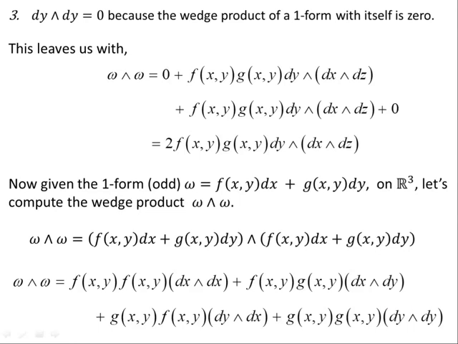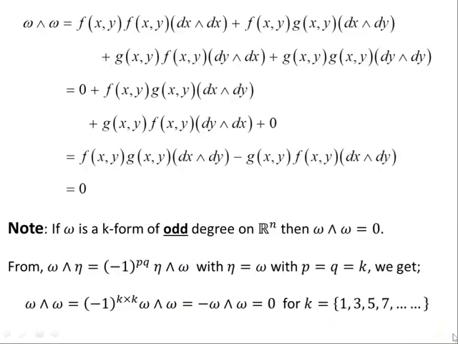Well, dy wedge dy is going to be 0, dx wedge dx will be 0. So the first term and fourth term will be 0, and we're left with two in the middle. Just writing it out again, you can see that one's going to be 0 and that one's going to be 0. So we'll put 0, 0 there, and then we're left with the second and the third term.